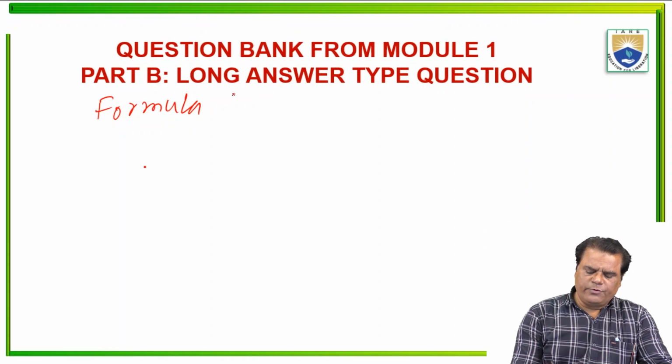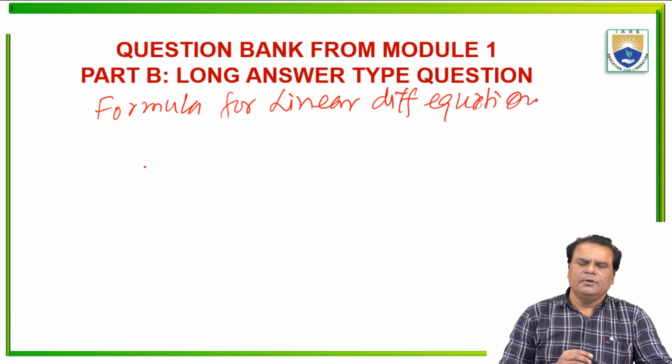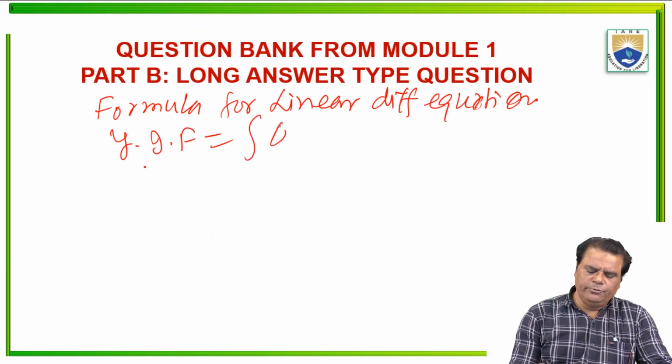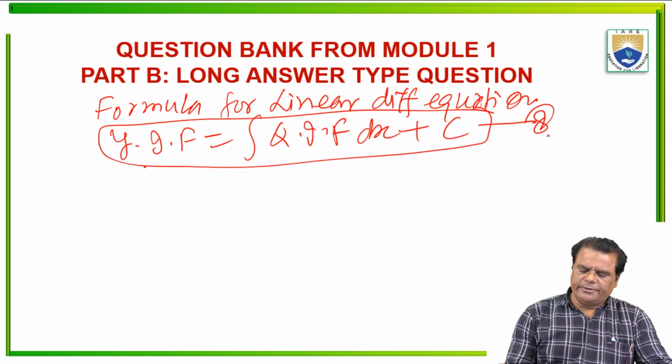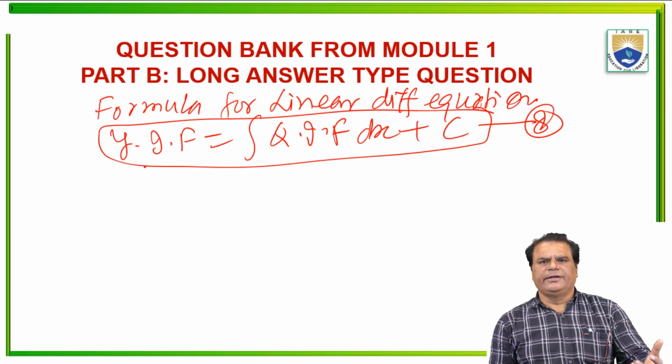Now formula for linear differential equation. This is y into IF is equal to integration q into IF dx plus c. This is formula 8, putting value of y and integrating factor.